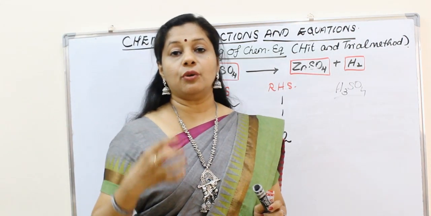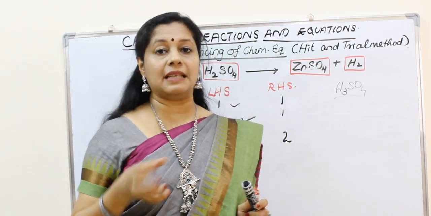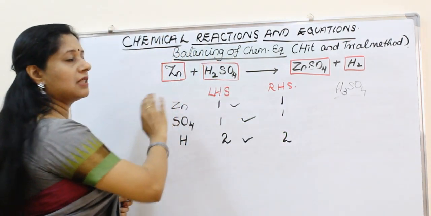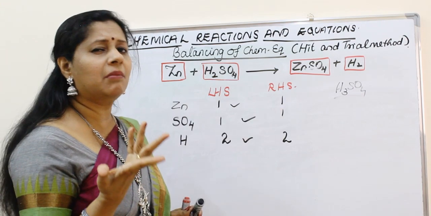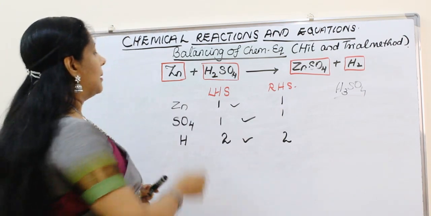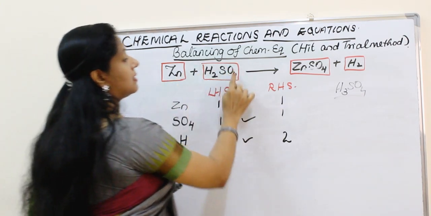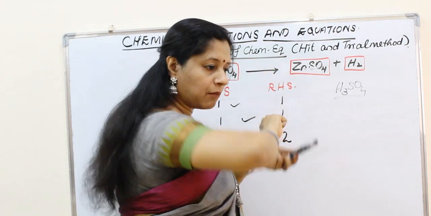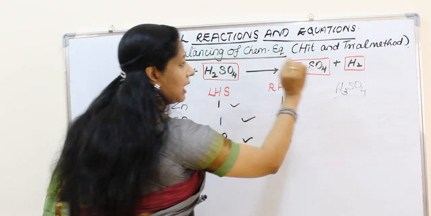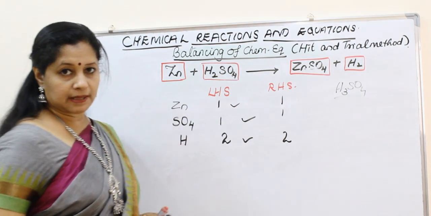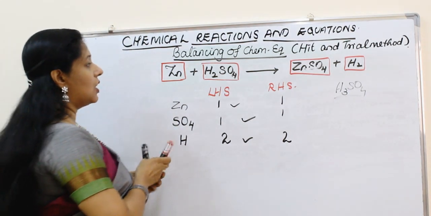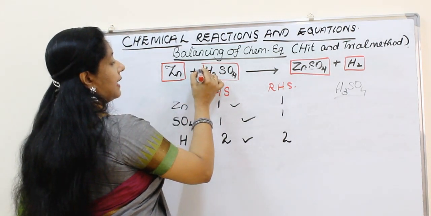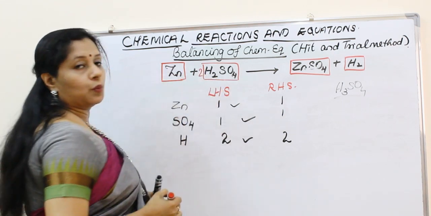Understood? So to refrain you from doing such things, initially what you can do is, these are all required only in the initial stage, later you will become very expert in this. So we put it inside a box and lock it. So now you are not allowed to change anything inside the box. Whatever you can change is only here. Suppose I write here the number 2.